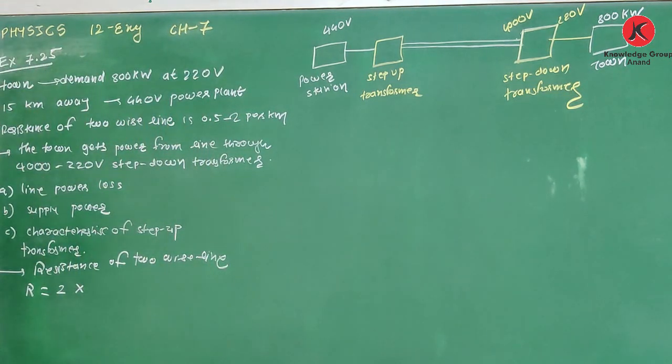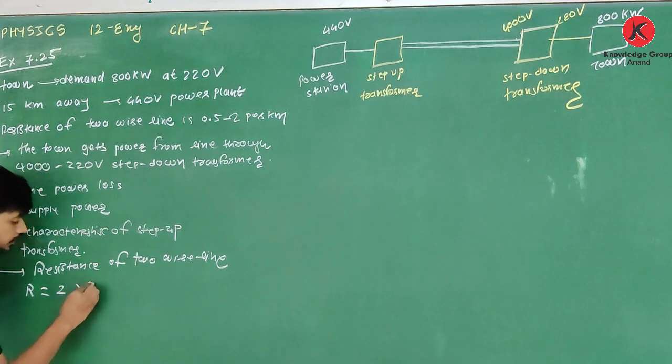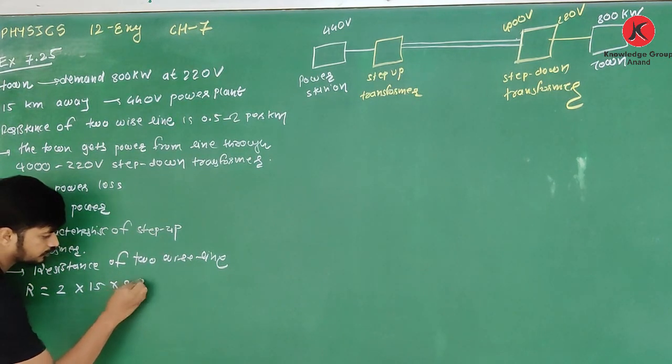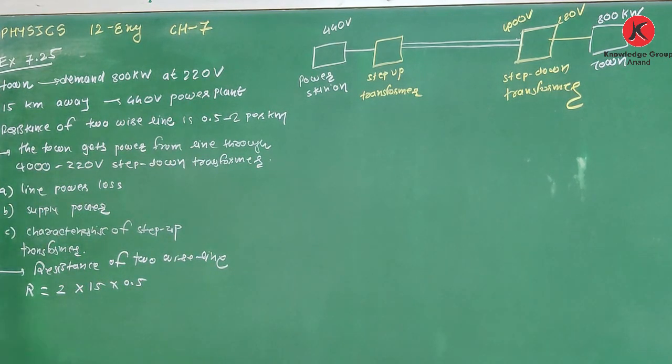Here the power plant is 15 kilometer away from town, so obviously the length of wire is 15. So it is 15 into 0.5. Now 0.5 is nothing but 1 by 2, so it is 15 ohm. Clear about this? So R is equal to 15 ohm.